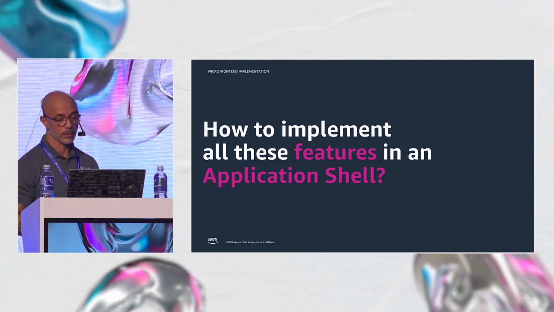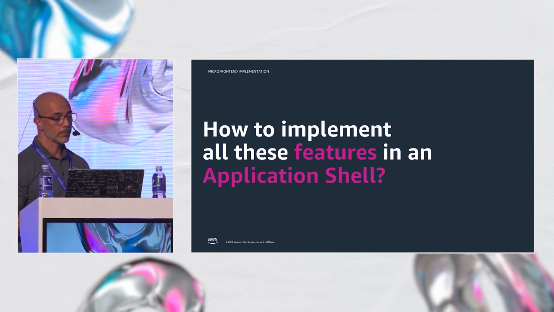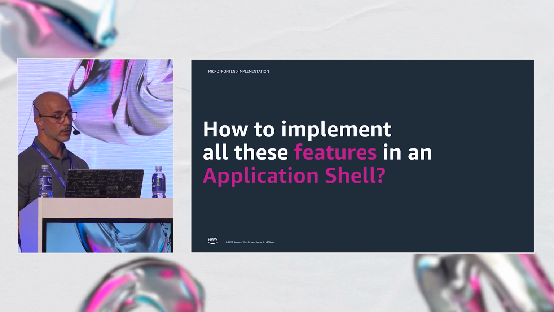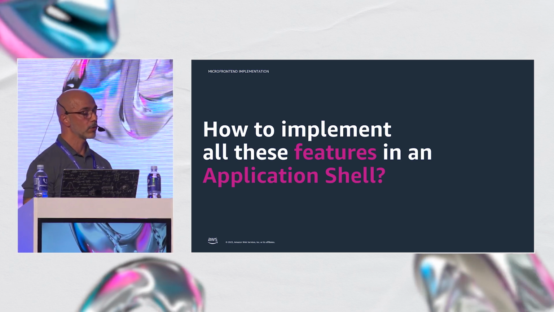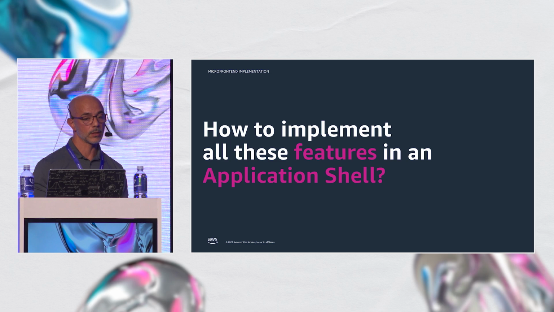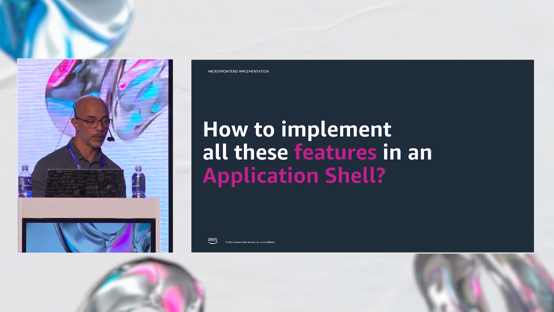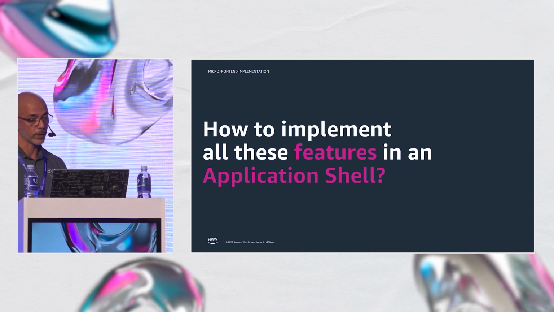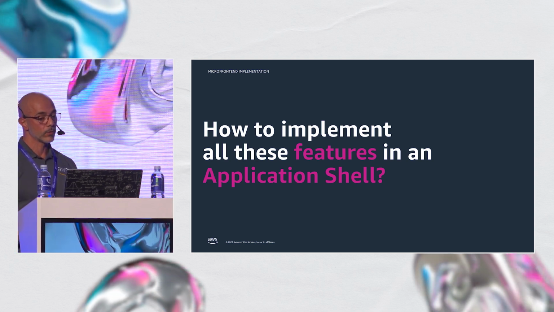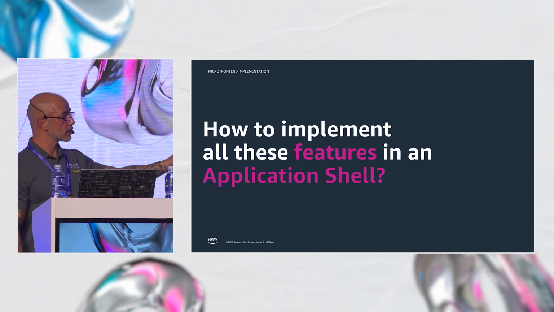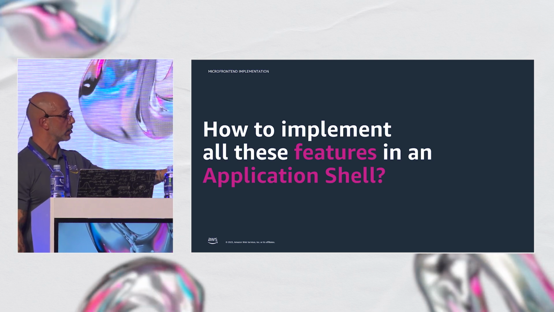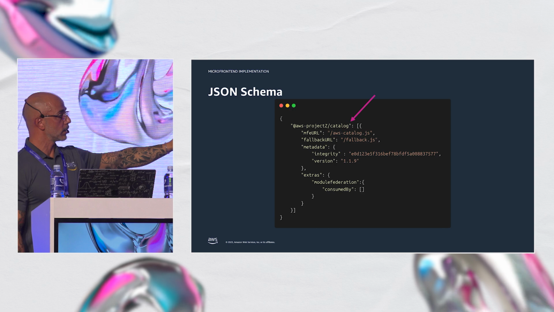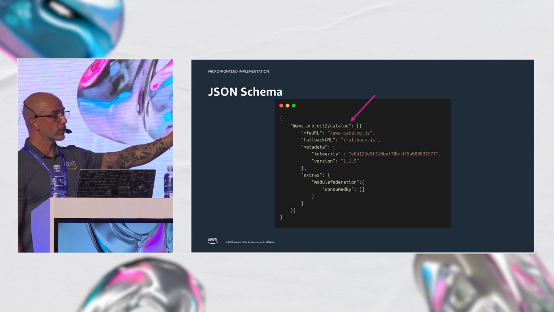So the idea we have in AWS is to actually structure a naming convention. The idea is to have a mechanism to build multiple modules of a user interface framework and to specify all this information. So in this specific definition here, I'm saying that here is my micro frontend URL.